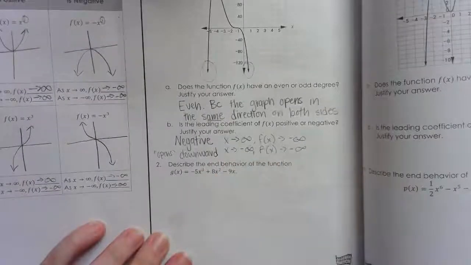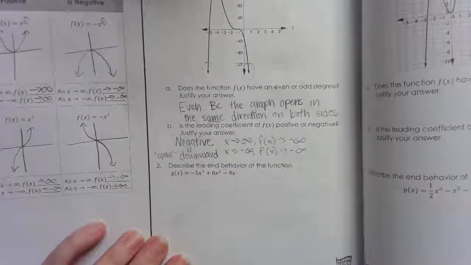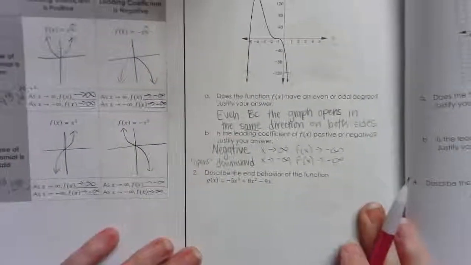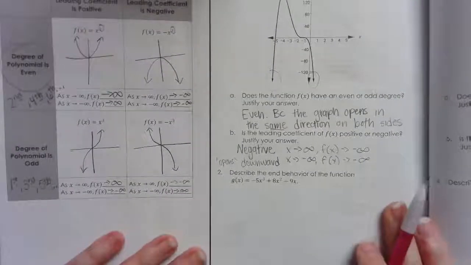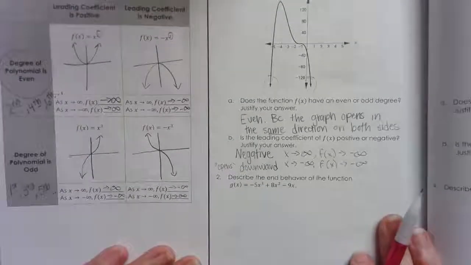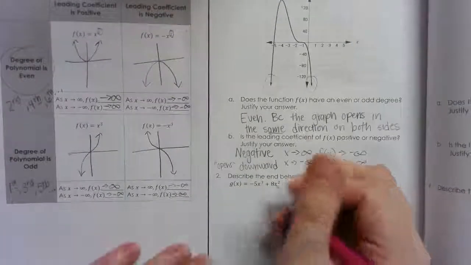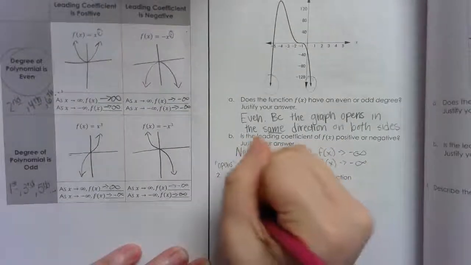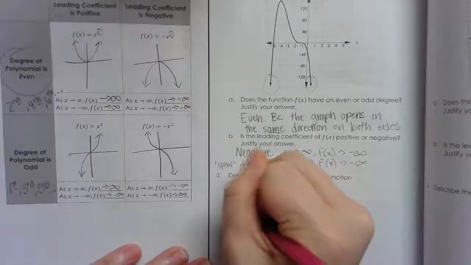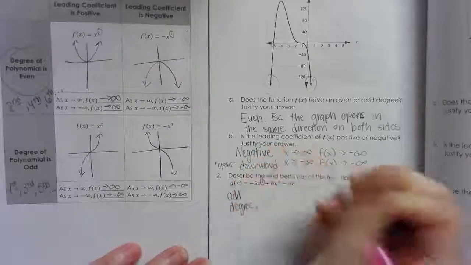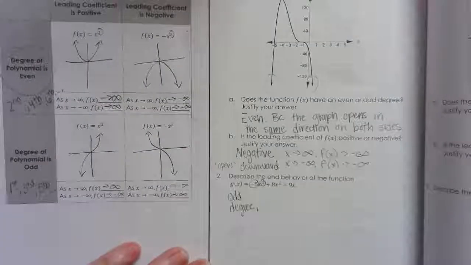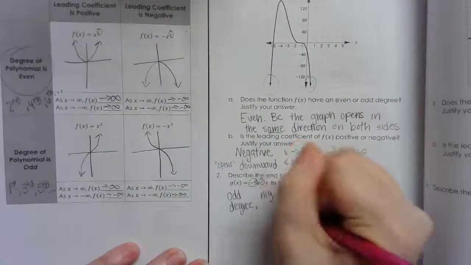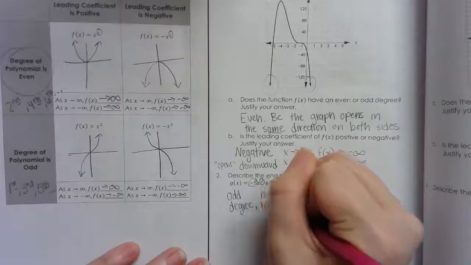This one we don't have a graph for. You could type it in your calculator, but I also want to analyze it just by purely looking at this table and looking at what we have. So we have to the third power. The third power is an odd degree, and we have -5 as my leading coefficient. So we have an odd degree and a negative leading coefficient.